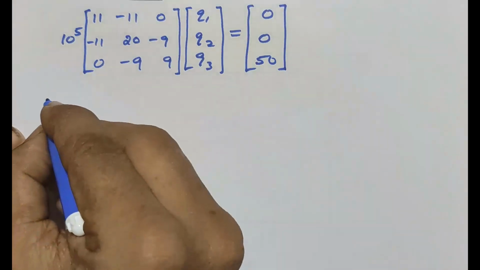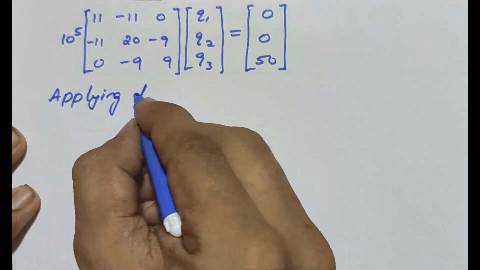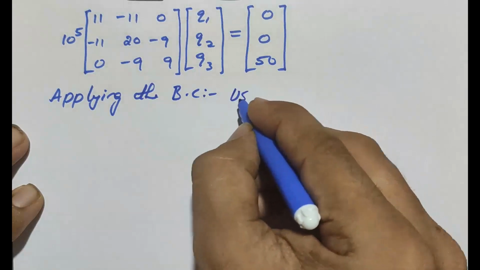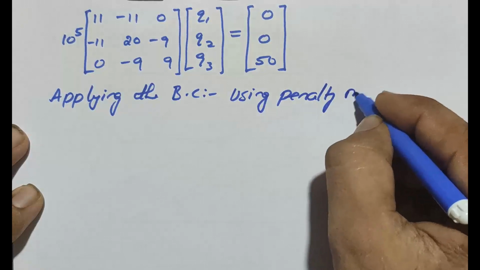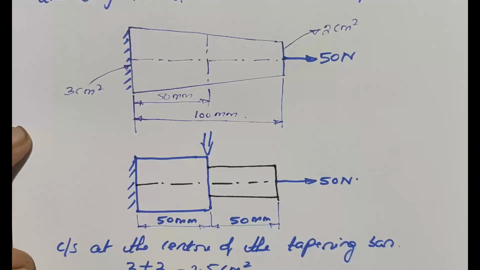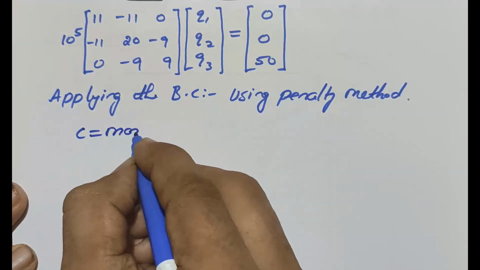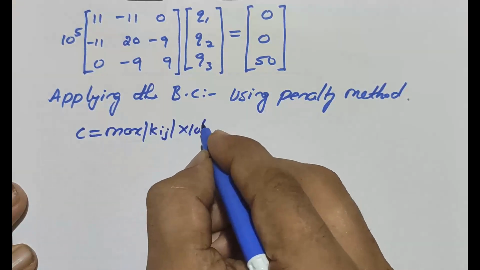Next is applying the boundary condition using the penalty method. See, in the penalty method, this fixed support is modeled by using a spring having large stiffness C. The spring stiffness C will be given by the maximum of Kij into 10 to the power of 4.